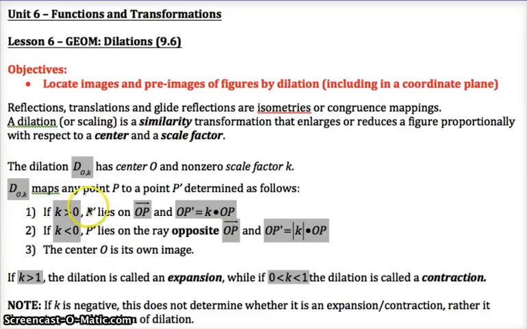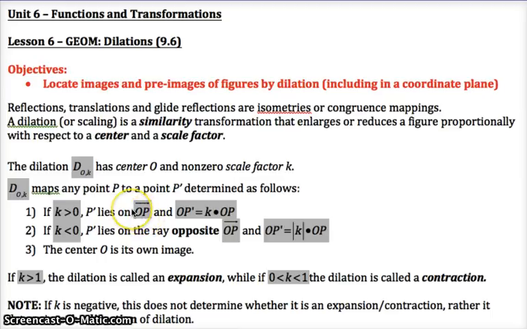So this is how it works. First of all, it takes the point O and it doesn't do anything with it, just like rotations. If K is a number that's greater than 0, this is kind of a cumbersome description, P prime lies on the ray that connects O to P. Now, P is the preimage point.